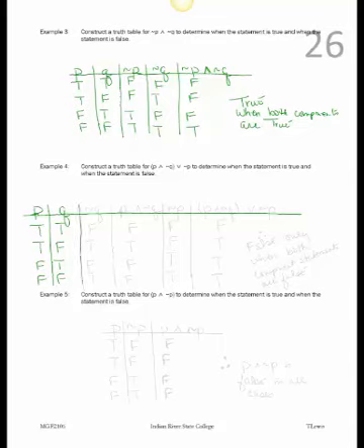Inside the parentheses, we have P, so we really don't need to write another column for P because it's already there. But let's write a third column for not Q.